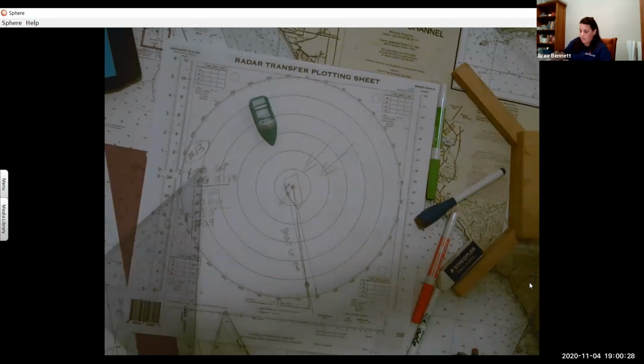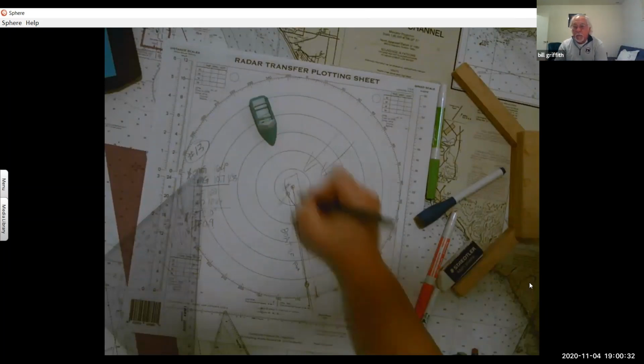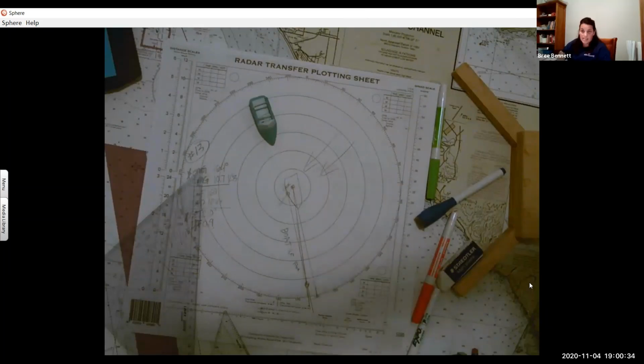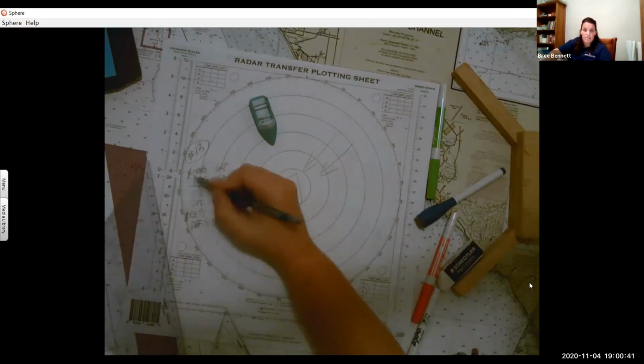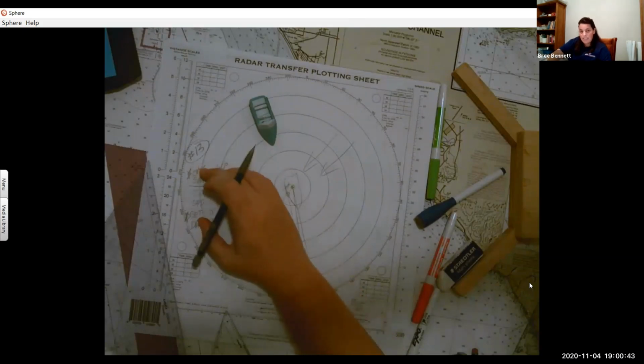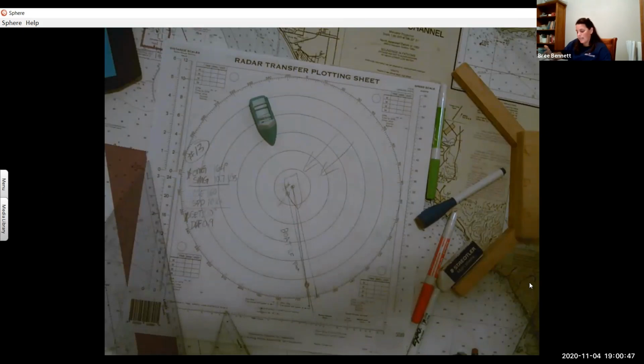So you can make it the opposite way and you still get the same answers. I tend to teach it here where these two are always from the center, just so it's consistent and it will always work out. But I can see how it can be confusing sometimes.